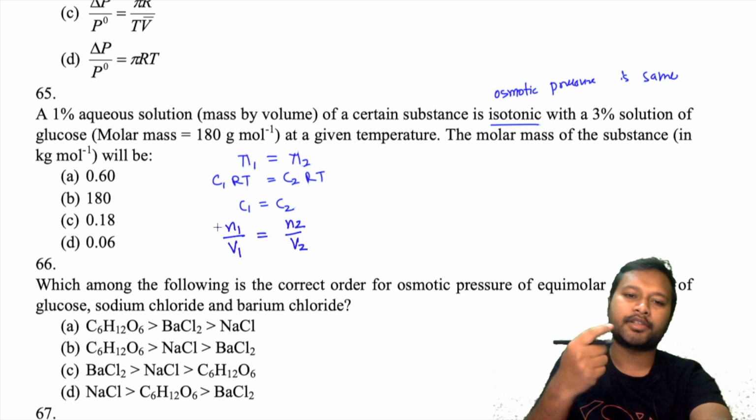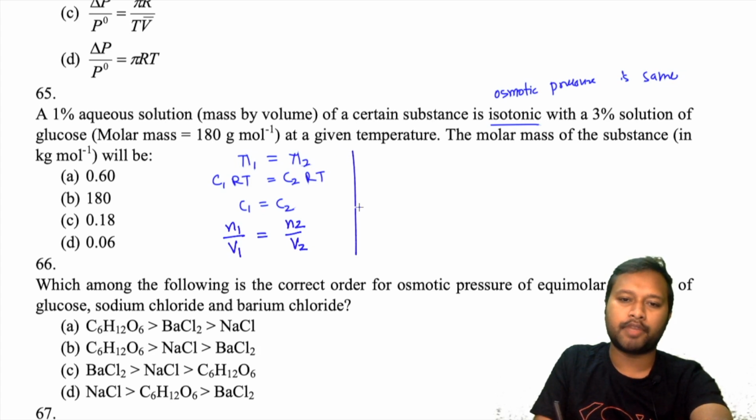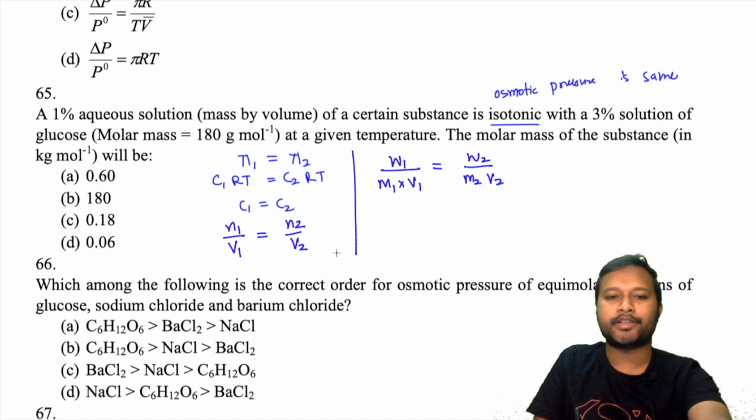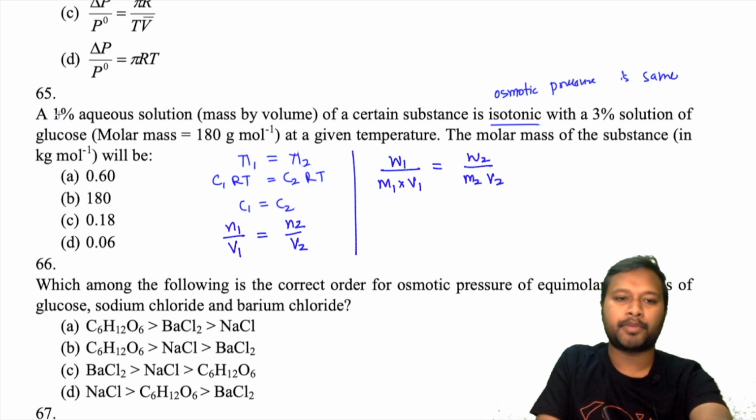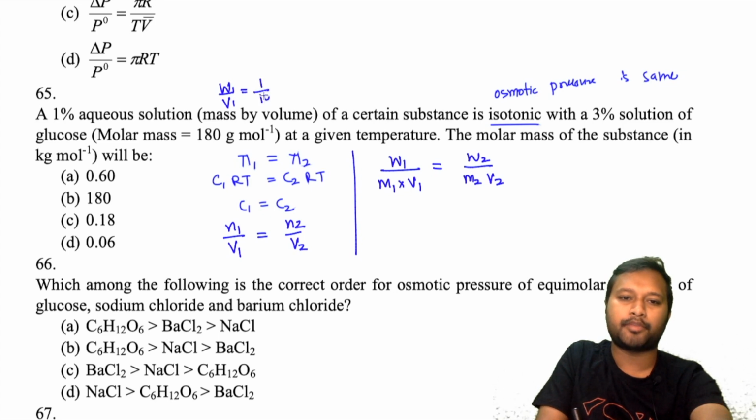Now number of moles is given weight upon molecular mass, so let's do that. W1 upon M1 into V1, and N2 will be W2 upon M2 into V2. Now what is given to you is the percentage aqueous, or mass by volume. That means W upon V is given to you. So W1 upon V1 is 1%, that is 1 upon 100.